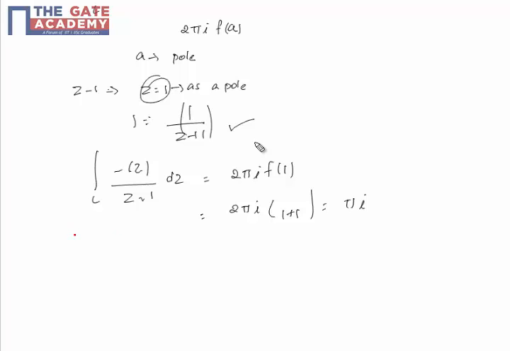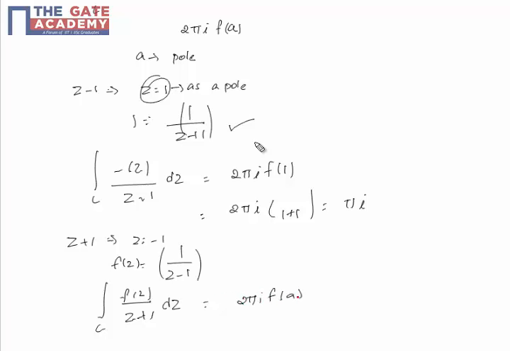Similarly, if you are considering z plus 1 as a pole, the value of z is equal to minus 1. So our f of z will be 1 by z minus 1. Now we are writing the same function as f of z by z plus 1 dz, whose value will be 2 pi i into f of a, where a is here minus 1.